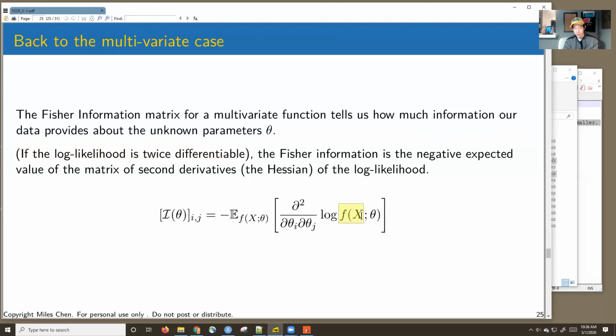You've got some random variable x defined by this PDF, where theta is the given parameters, and then you've got the log of this function, and you want the second derivative of that. We take the negative expected value with respect to that variable x, and this forms a matrix, our Fisher information matrix, the information we have about the unknown parameter theta.